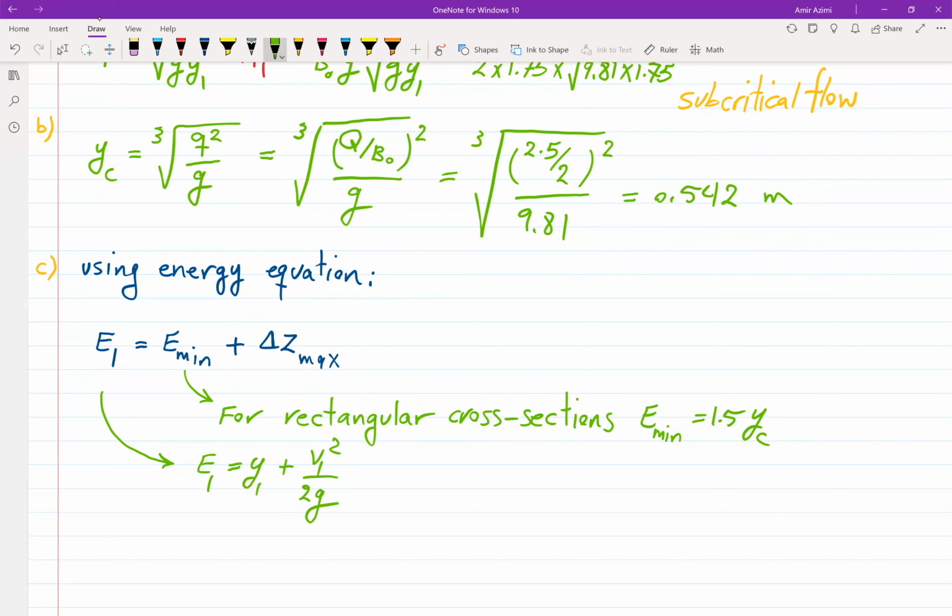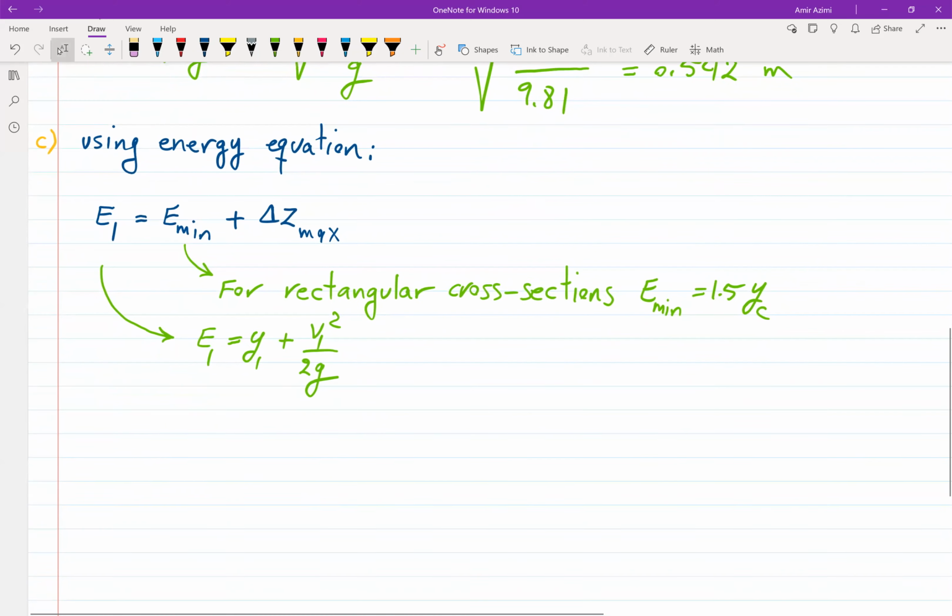So both values are known, and the only unknown value is delta Z max.